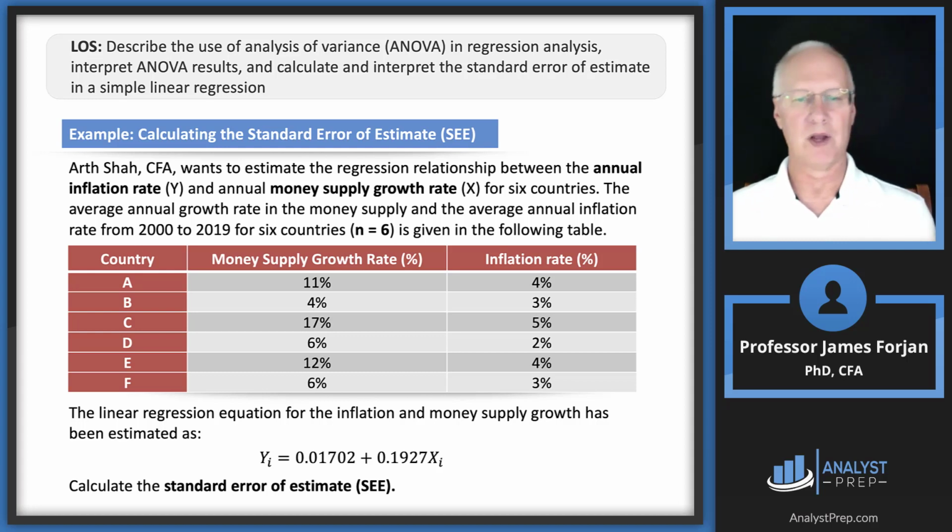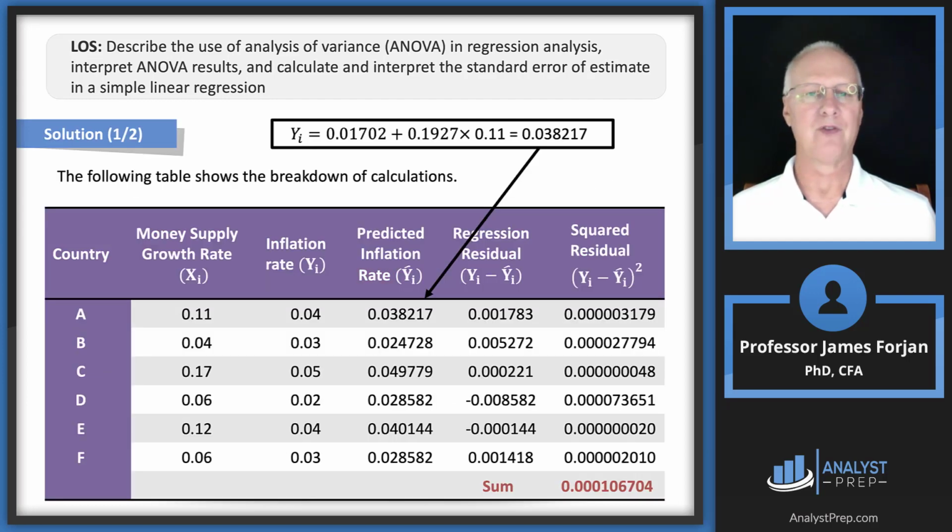The linear regression equation has been estimated using this method of the least squares. So you have the intercept term of 1.7 and you have the slope coefficient of 1927, right? So there's our regression equation. So from this table, let's go ahead and try to compute this SEE.